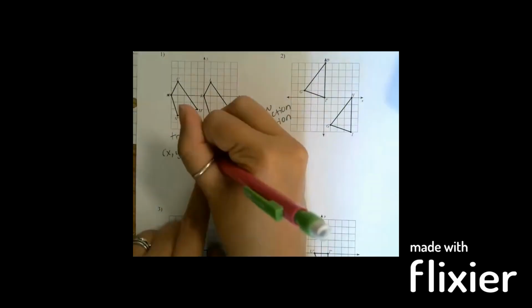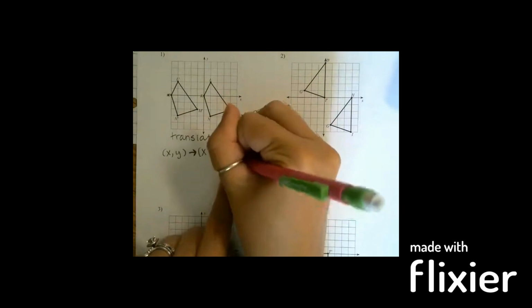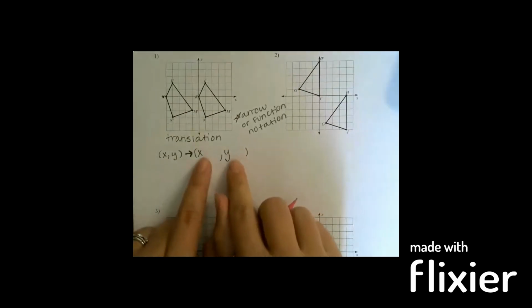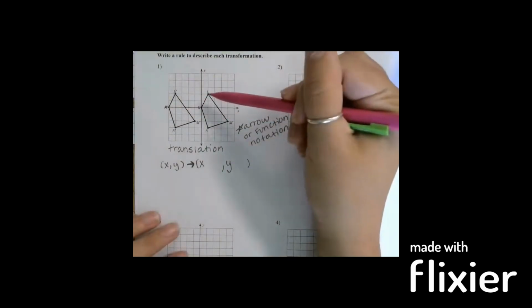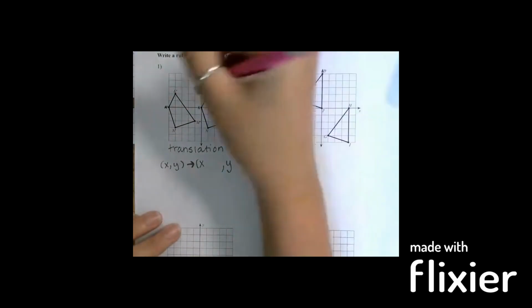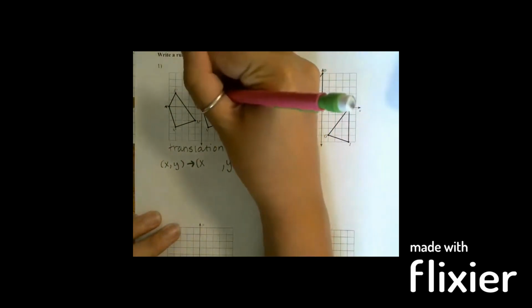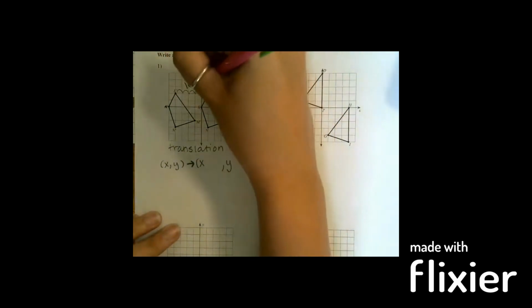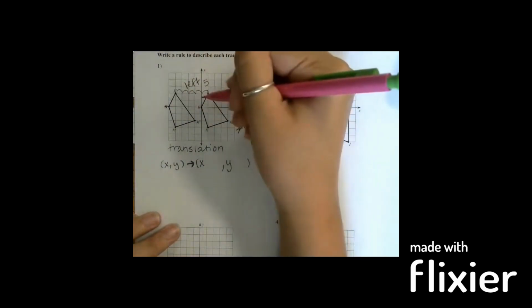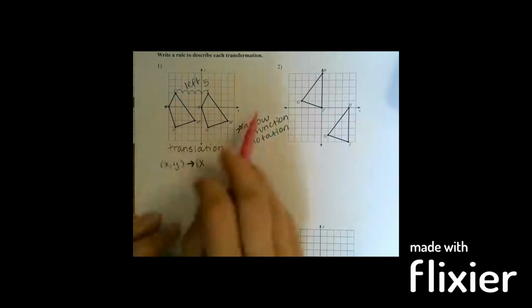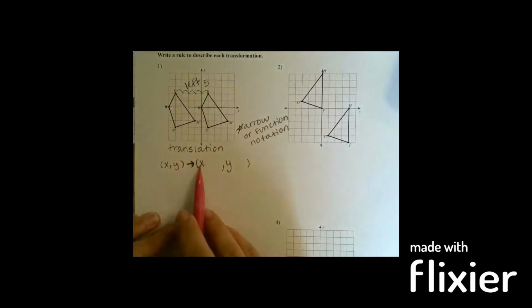So we're still going to have our x and our y, but something is going to happen to them, okay? So we need to look back up here and see what happened. We started here and we went to the left. We went left 1, 2, 3, 4, 5. We went left 5. We didn't go up or down any, we just moved to the left. So left and right is my x-axis, so I'm going to do something to this x value.